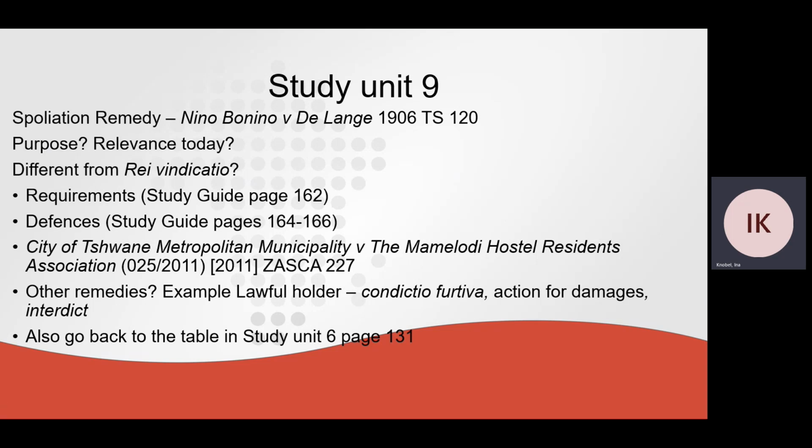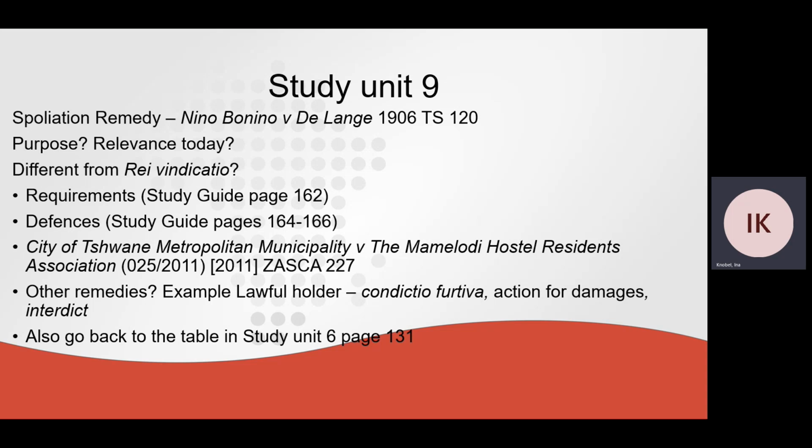If somebody borrowed a car from me and is now not returning it, I can institute the rei vindicatio because I am the owner. I can prove the requirements: I'm the owner, that car is in existence and I can identify it, and it is in the control of the person who took it from me or who borrowed it, whatever the facts might be.